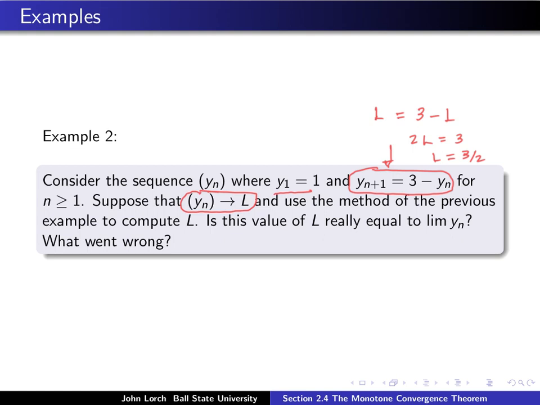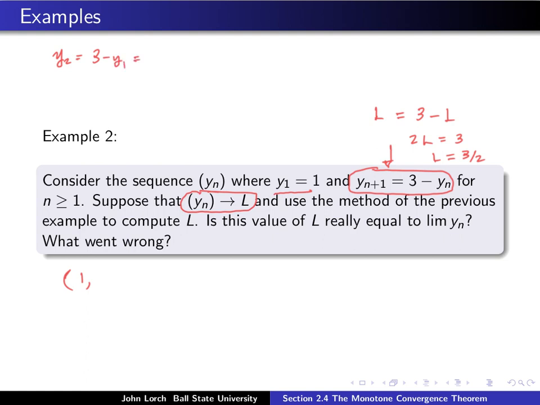Okay, now let's go and compute a few terms of the sequence and see what's going on there. So y1 is equal to 1. We're told that. To get y2, I'm going to take 3 minus y1.